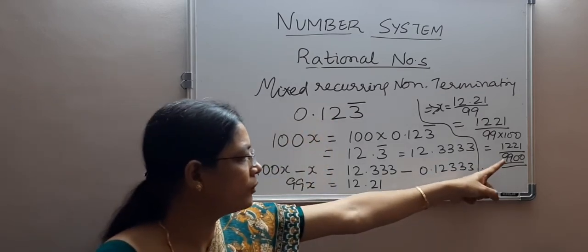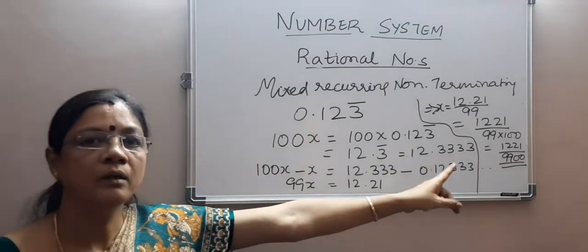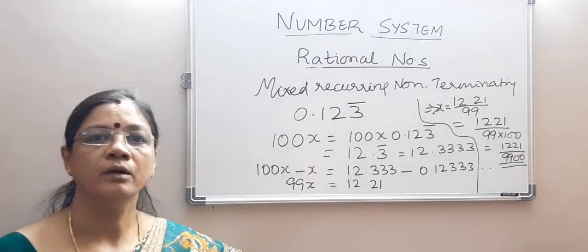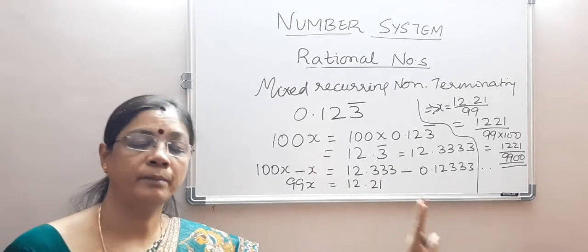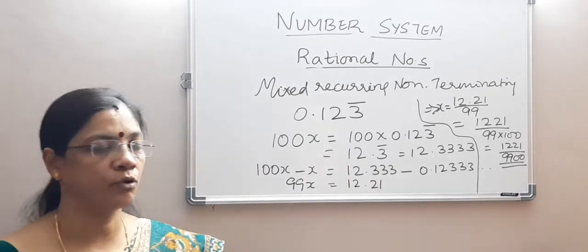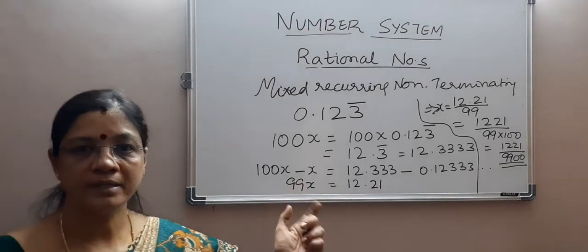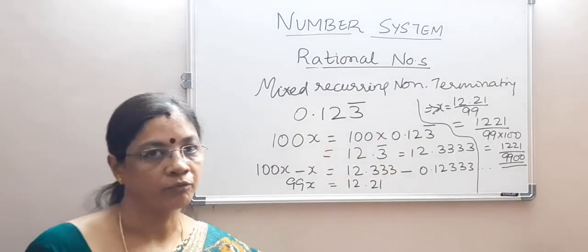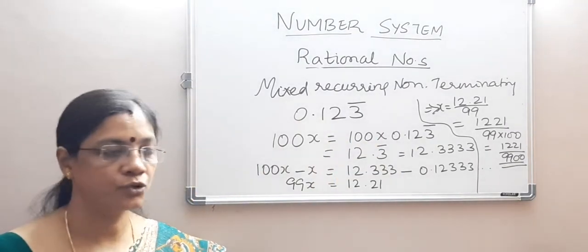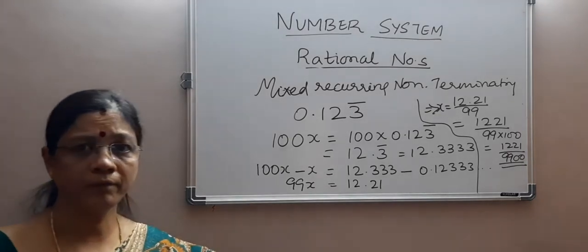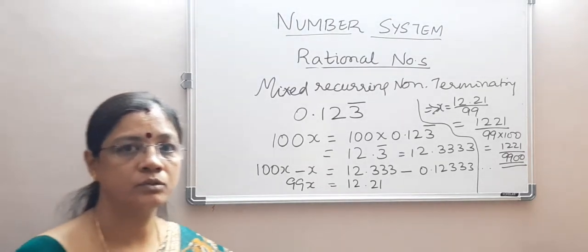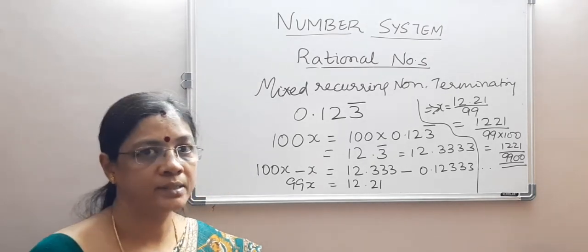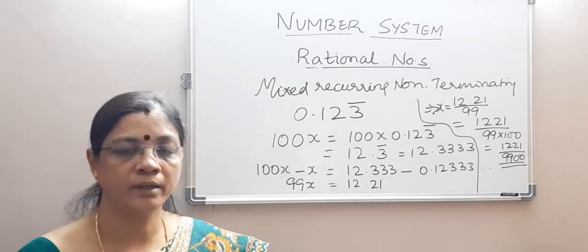So if at all you can divide it by the same factor, or if you can reduce it to lowest form, you can reduce it to lowest form, and you should reduce it to lowest form. So this is how we convert mixed recurring decimal numbers into P by Q form of the rational numbers. Now do you understand? So this is what we have done until now. So we have seen rational numbers, terminating rational numbers, and non-terminating rational numbers.